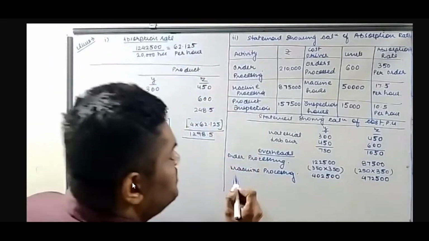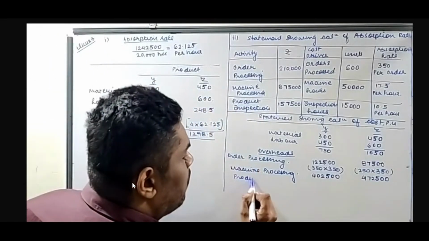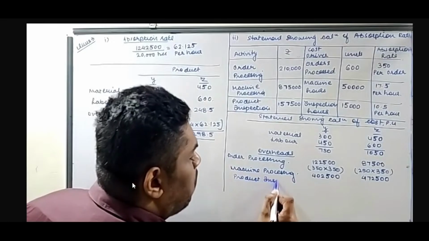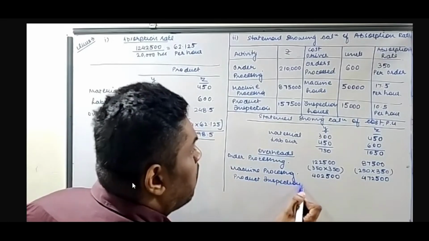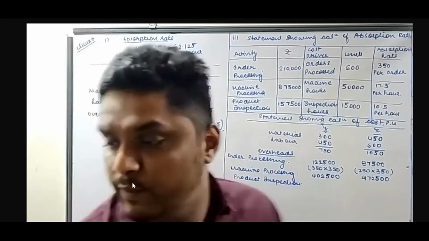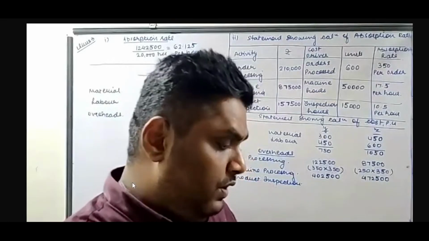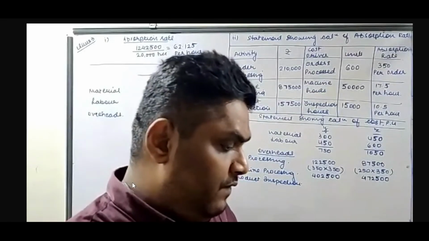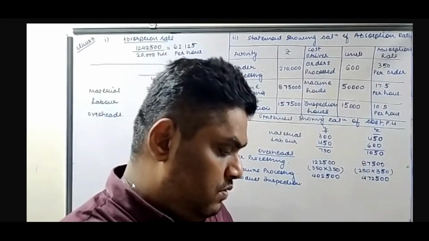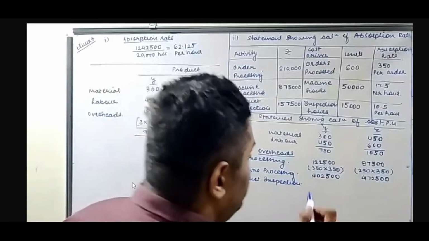Next is product inspection. It is 10.5 per hour. So 4,000 into 10.5, this is 42,000.